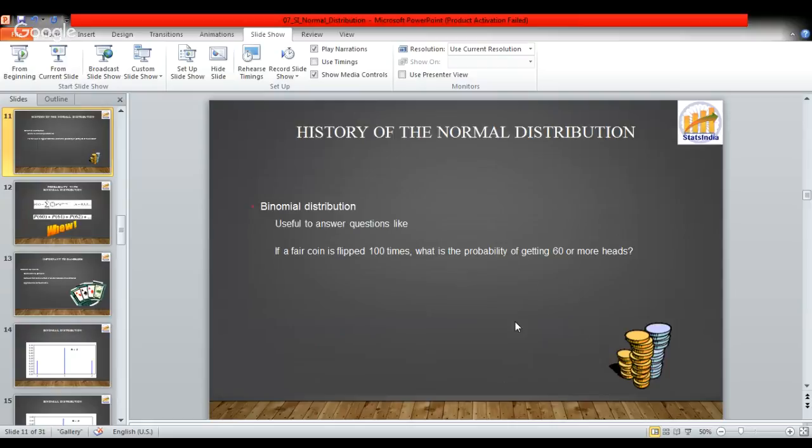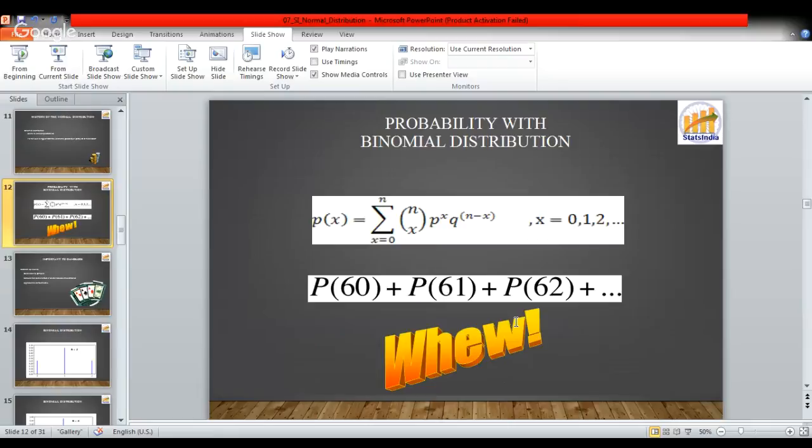That means we need to calculate P60 plus P61 plus P62 up to P100, and by adding all this, we'll get the required probability. But this is, as we can see, a very tedious job.